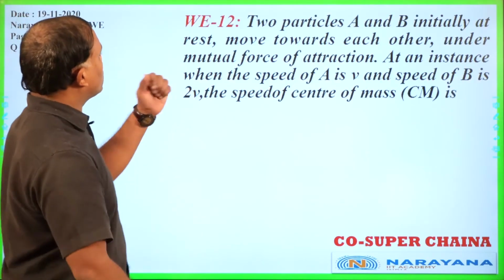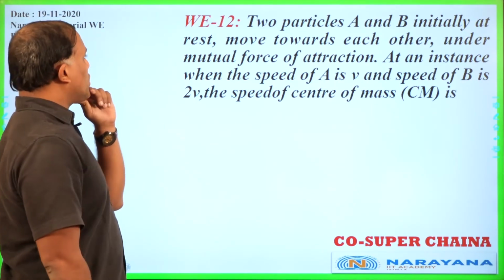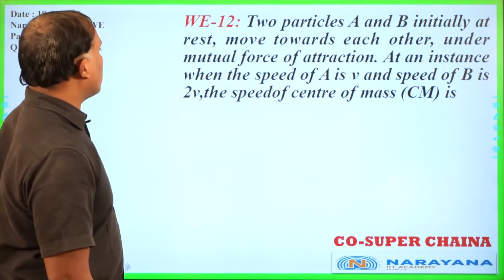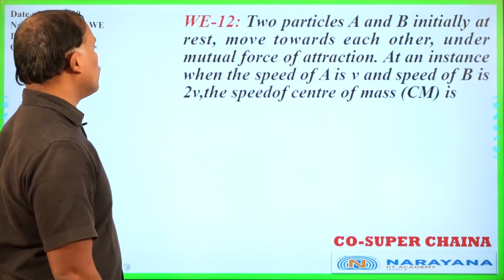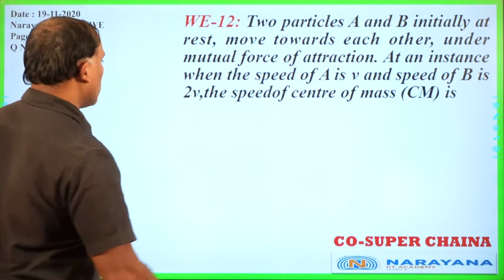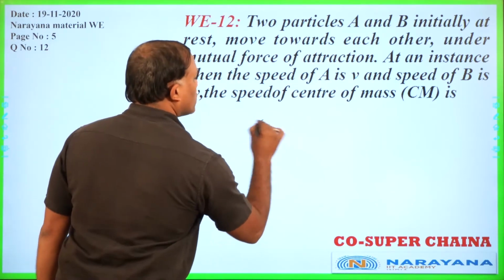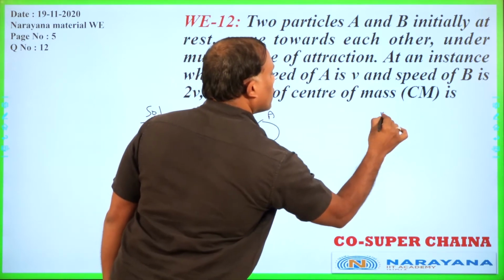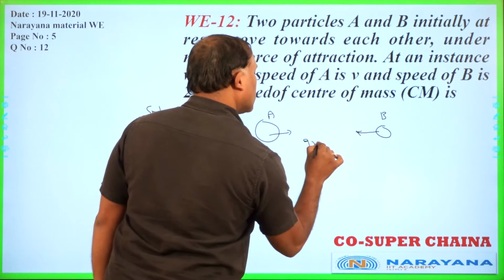Two particles A and B initially at rest move towards each other under mutual force of attraction. At an instant when the speed of A is v and speed of B is 2v, what is the speed of center of mass? Here it is A and here it is B, coming towards each other due to gravitational attraction.